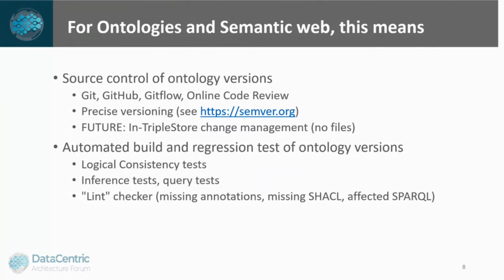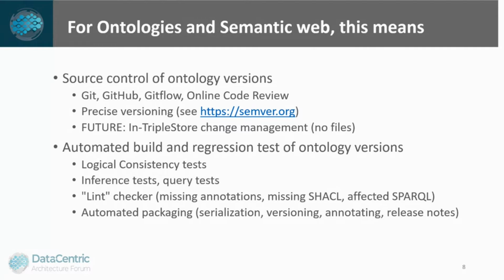It might look and say, okay, given the new ontology, you have some SPARQL queries in your query catalog that use a property that's not in the ontology anymore, or something like that. So how would you identify that some of your queries are not using the same concepts as your new ontology version? Those are examples of a lint checker approach that would be helpful as we productionize ontologies.